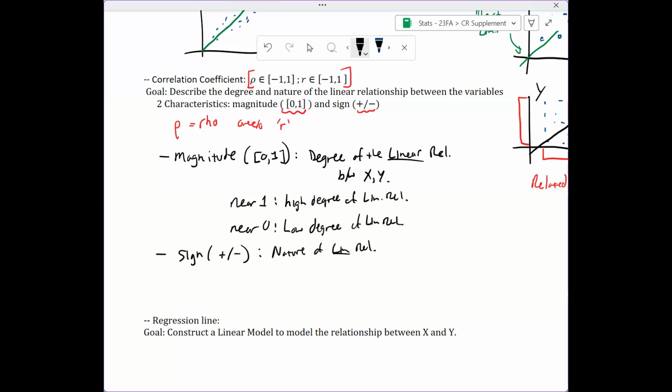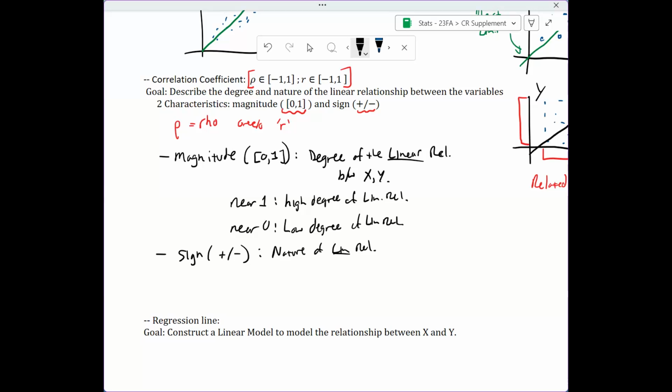Note that discussing the nature of the linear relationship is only really sensible if we have a high degree of linear relationship. We can't talk about how the relationship works or what the relationship is like if there's not really a relationship to begin with. So the sign, positive or negative, is related to the nature of the linear relationship.